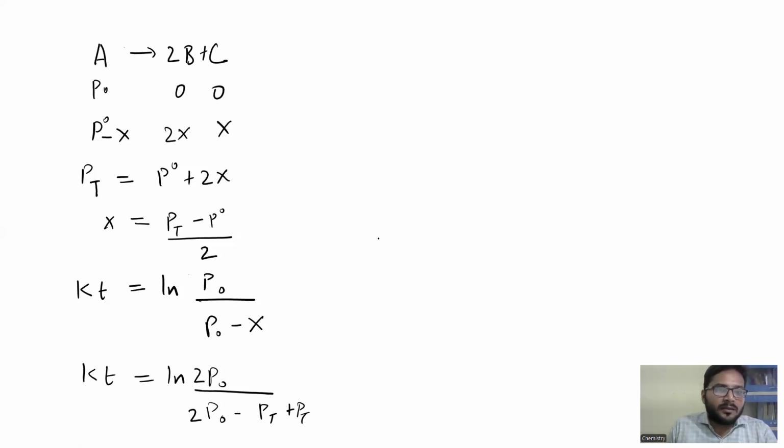Finally, the equation becomes Kt is equal to ln 2P naught minus ln (3P naught minus P total).